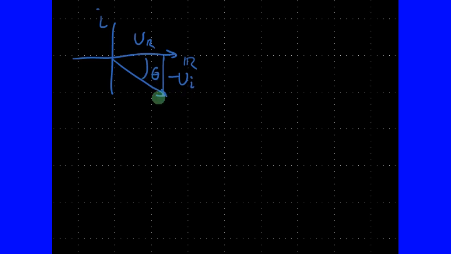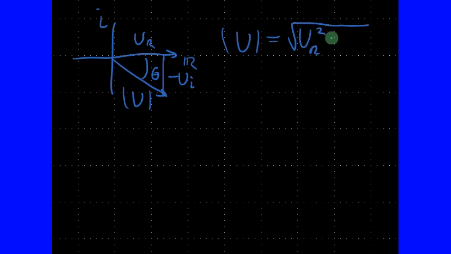So the magnitude of this, which I'm going to call U absolute, equals the square root of UR squared plus UI squared. And the phase angle is going to equal tangent minus 1 of UI divided by UR.